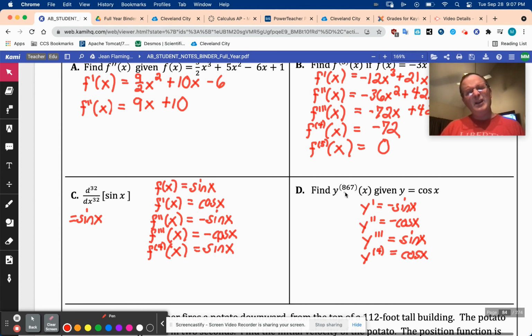All right, so what about 867? How does that work out? Here's what I know. 800, of course, is divisible by 4, so I don't have to worry about that. Then I just have to worry about the 67. Let's think about that for a second. 67.